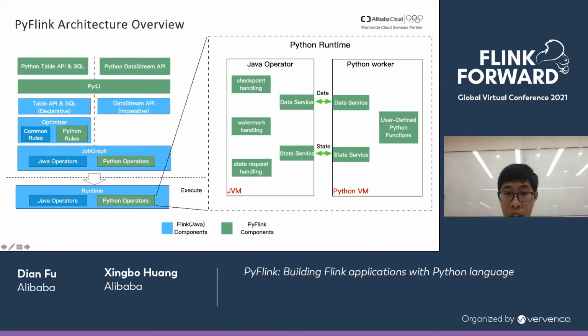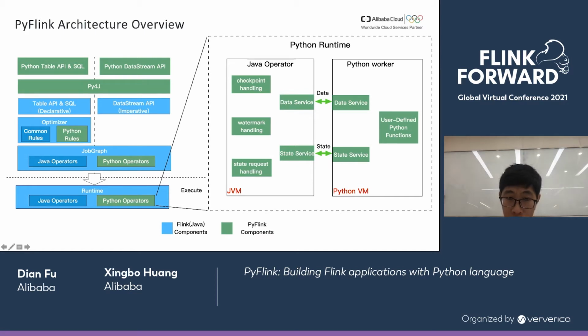As shown in the picture, the Java operator has a data service to send the data to the Python worker. The Python worker receives the data from the data service and then feeds the data as input arguments to the Python user-defined function to get the results, and then sends the results back to the Java operator. The Java operator receives the data from the Python worker and outputs the results to the downstream operator.